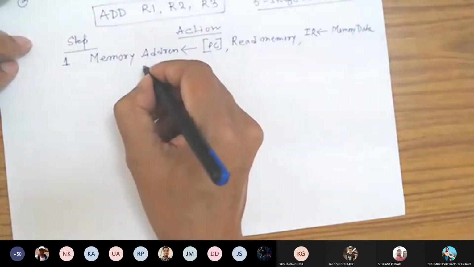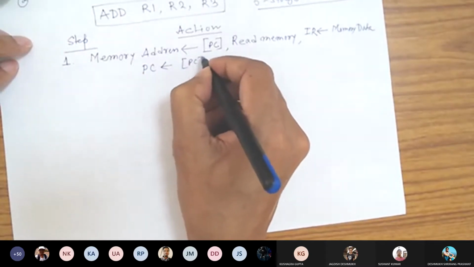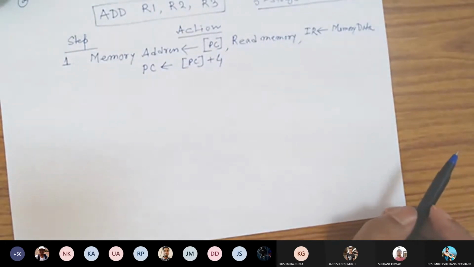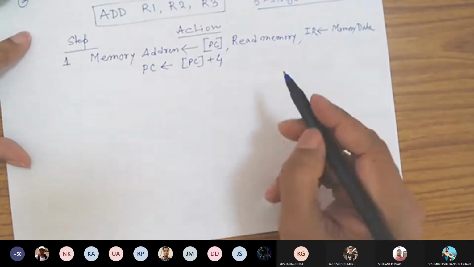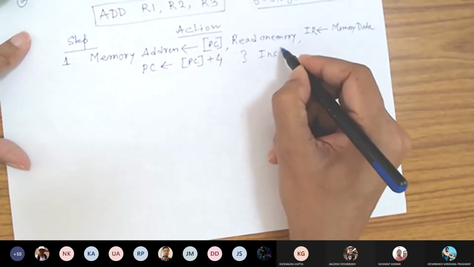At the same time, PC equals PC plus 4. So these are the 4 steps which are done during the fetch stage. So this is instruction fetch.